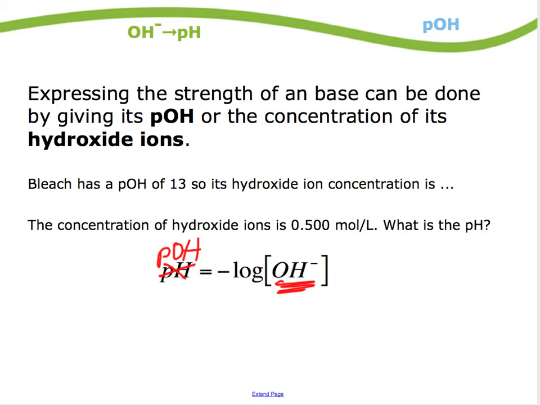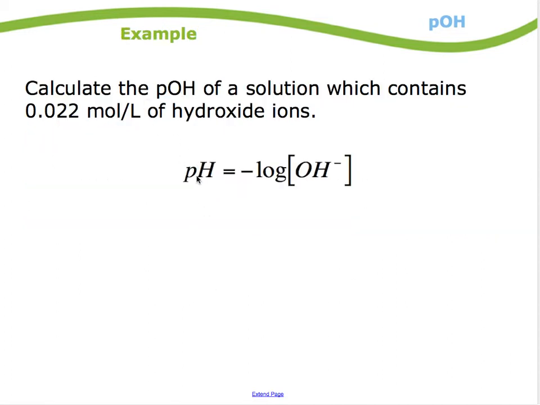Okay, so let's try a question. Here's one. This formula has a typo; this should be pOH. That's okay. So the formula is pOH equals negative log of hydroxide ion concentration. The question is, calculate the pOH given it has that concentration of hydroxide ions.